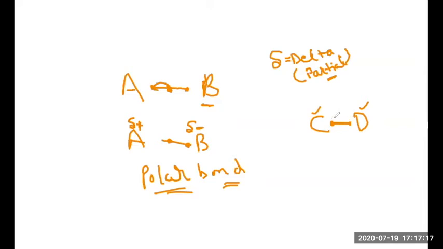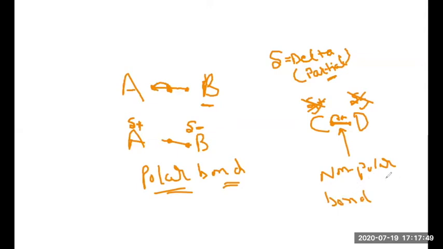If one cannot pull the electron a little closer, then we cannot assign partial positive and partial negative. And once we cannot assign them, we call that kind of bond a non-polar bond. That's the main thing. Non-polar bond.